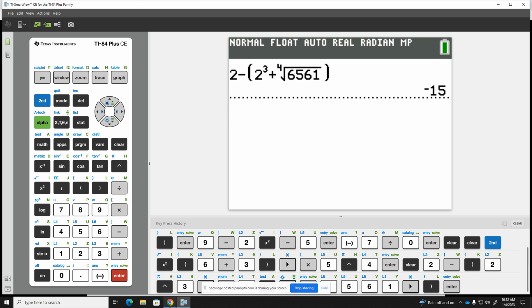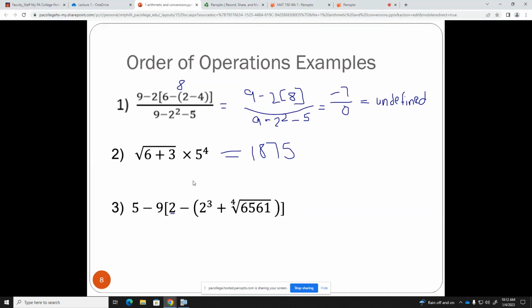So coming back to my problem, this entire brackets part is what I put in the calculator so far, and all that is negative 15. So I'm going to rewrite my problem. It is now 5 minus 9 times a negative 15. And you can use bracket, parenthesis, or multiply here, whichever. This is a multiplication, and we've done all the work that is in that bracket.